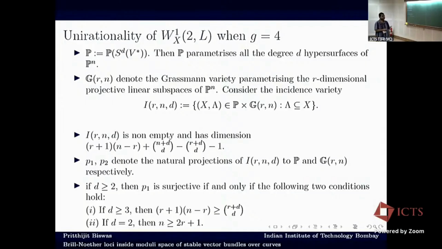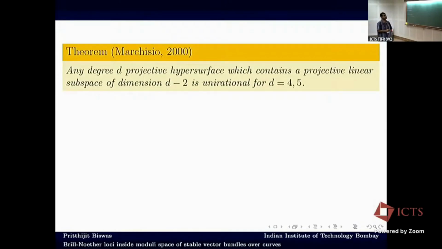That's going to be important because it's a result of Marchisio from 2000 that a degree d projective hypersurface which contains a linear subspace of dimension d minus 2 is unirational for d equal to 4 and 5.